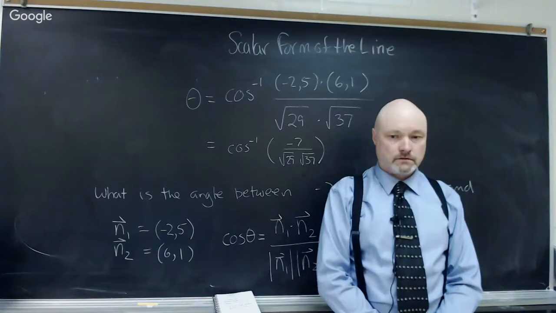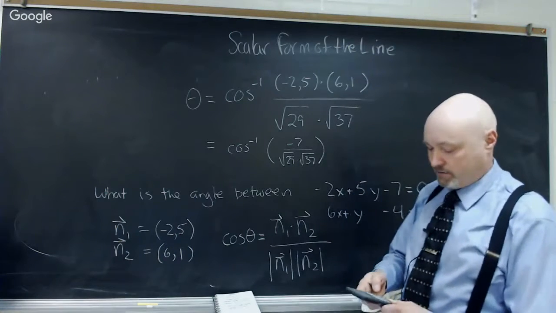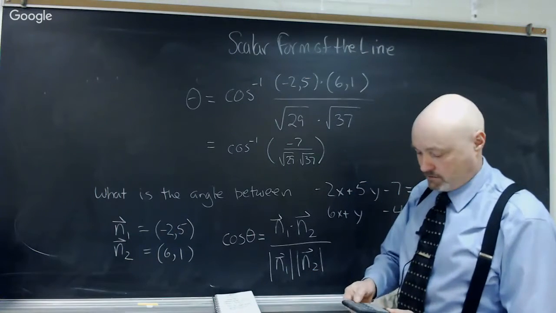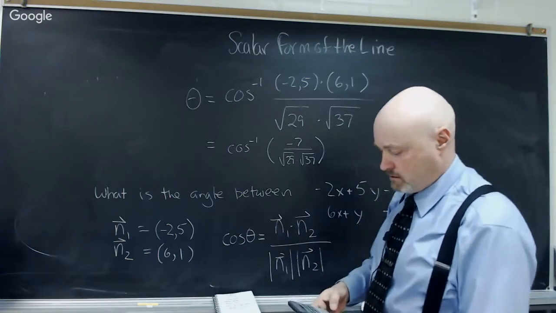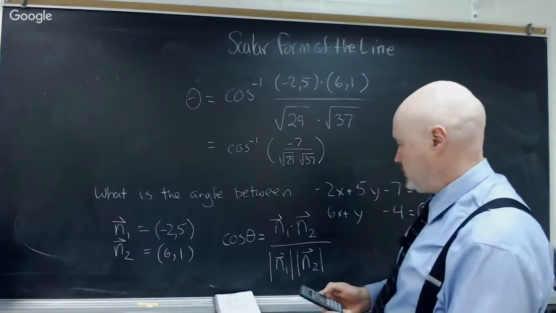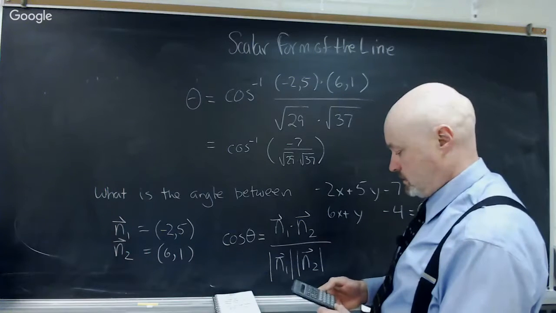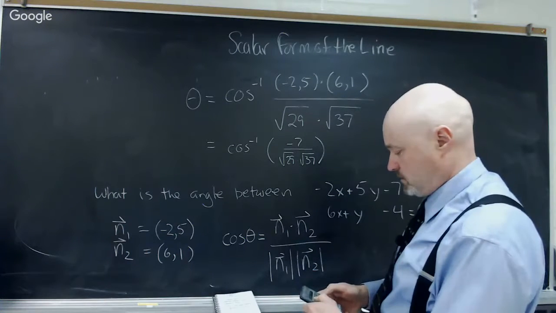Okay, but then it's -7 divided by square root 29 divided by square root 37. I should have done this all on one line.